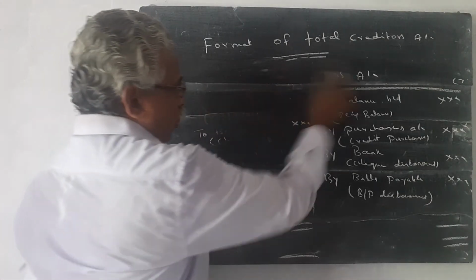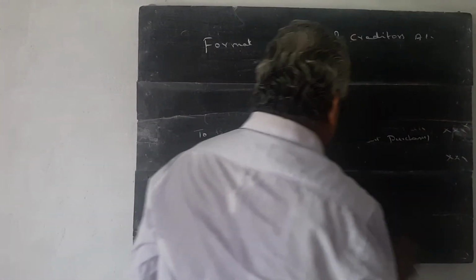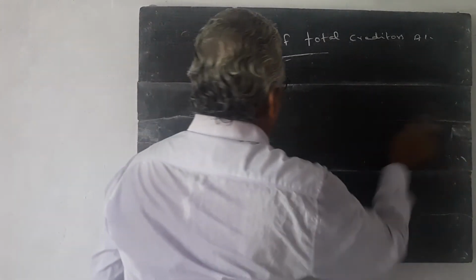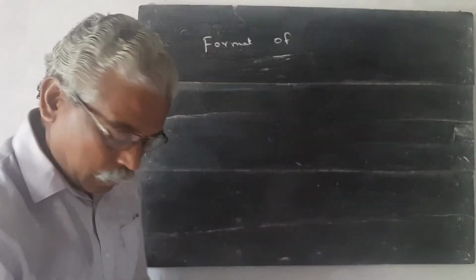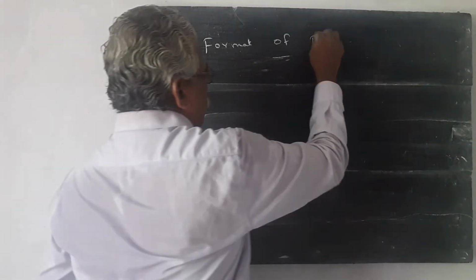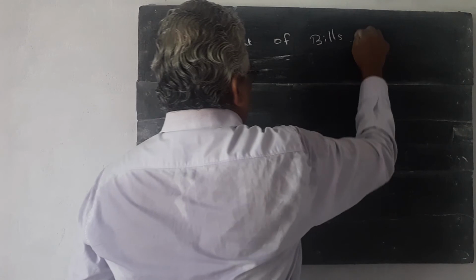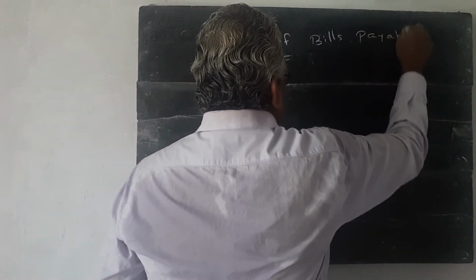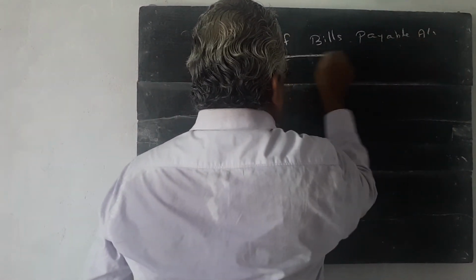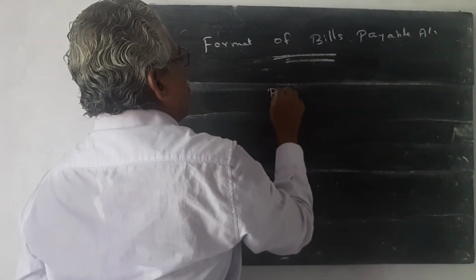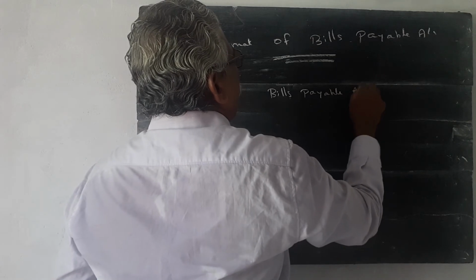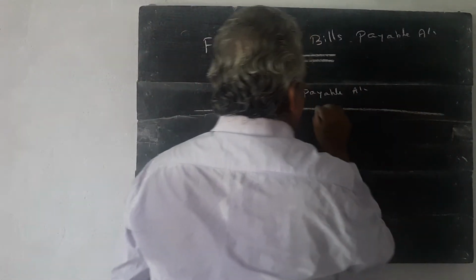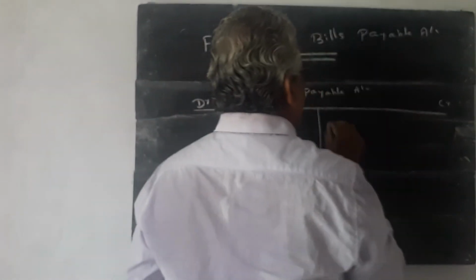Then we have one more question: total format of bills payable account. Bills payable account consists of two sides, debit side and credit side.